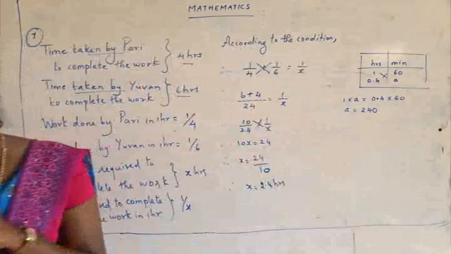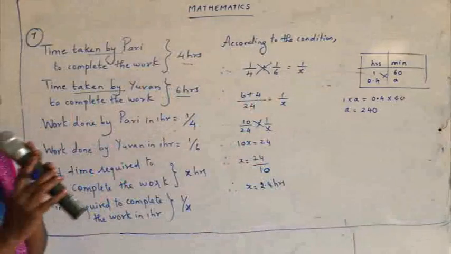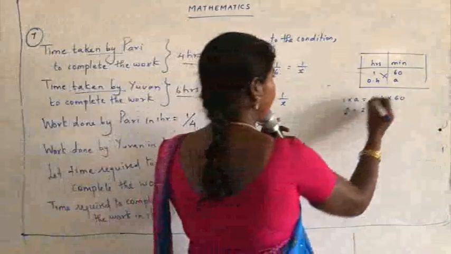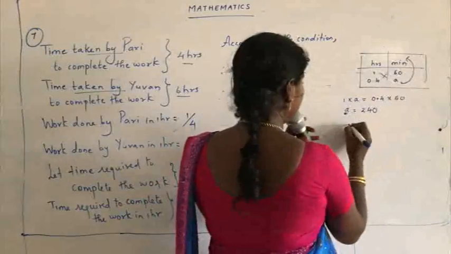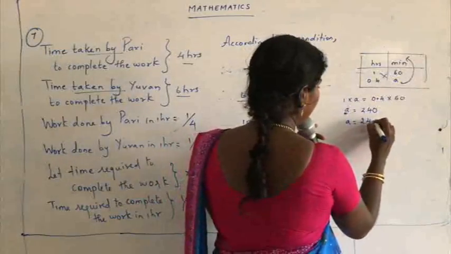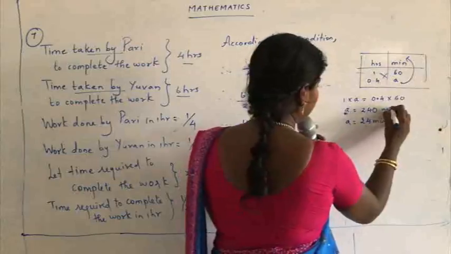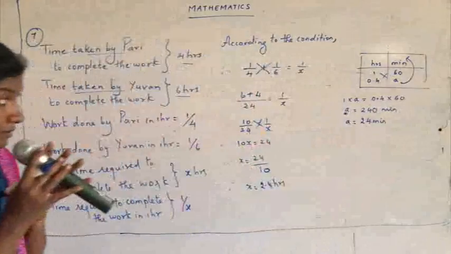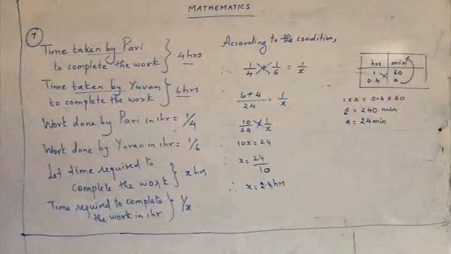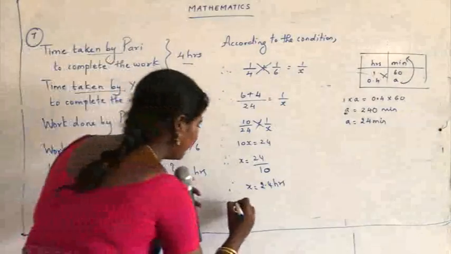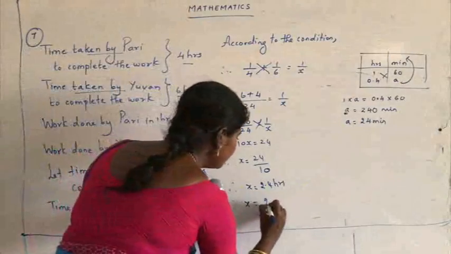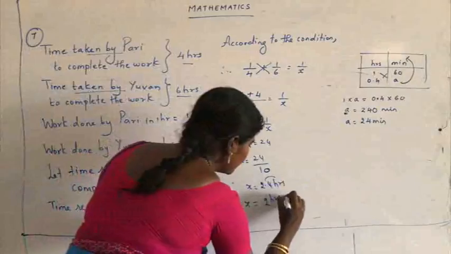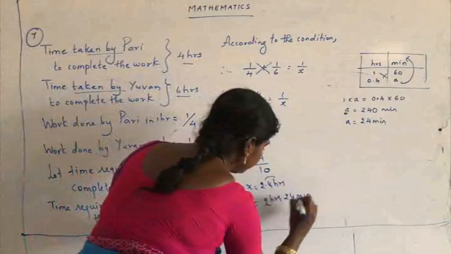So a is equal to 24 minutes. This is in terms of minutes. Yes, children? So a is equal to 24 minutes. Now we have got the required answer. So the answer turns out to be x is equal to 2 hours 24 minutes.